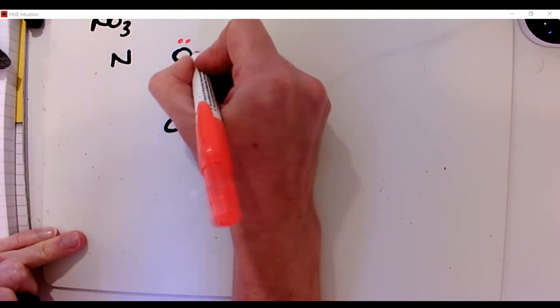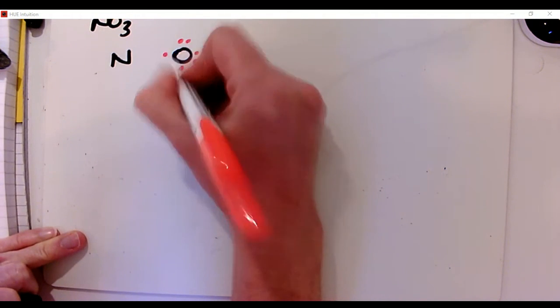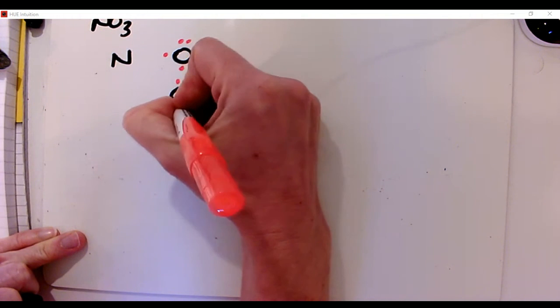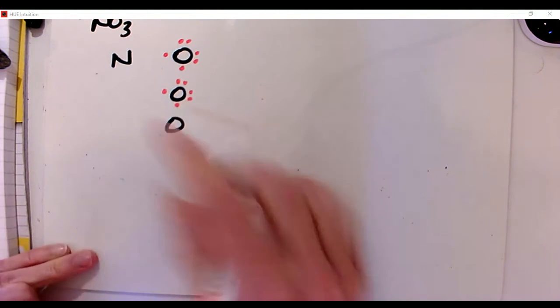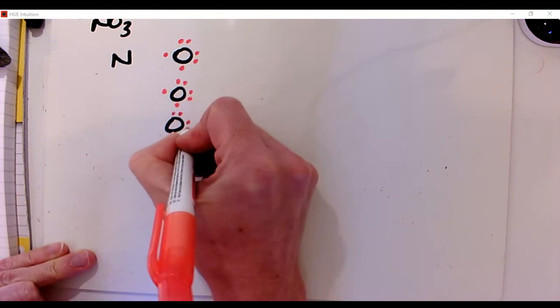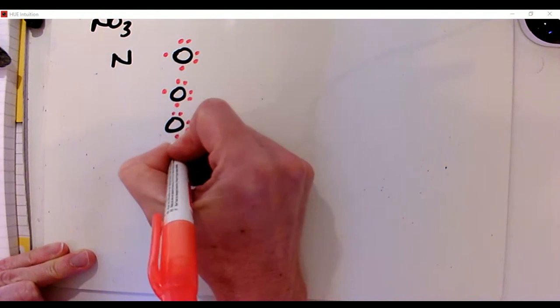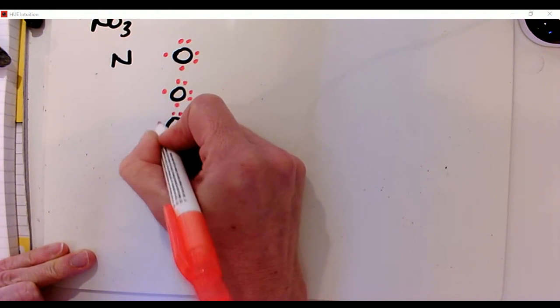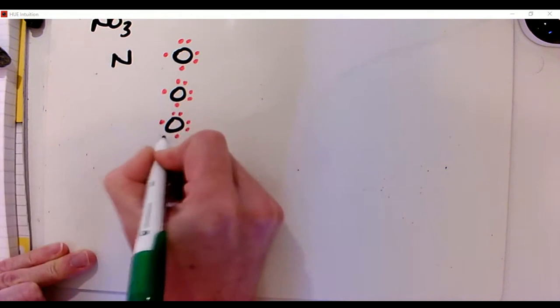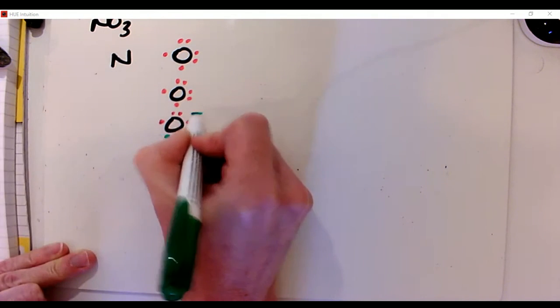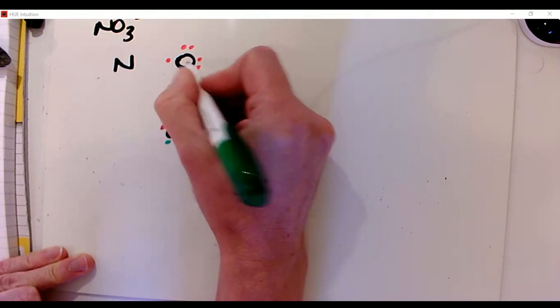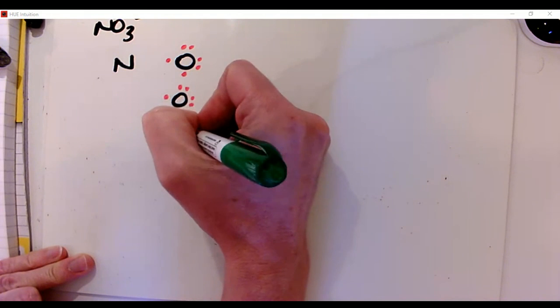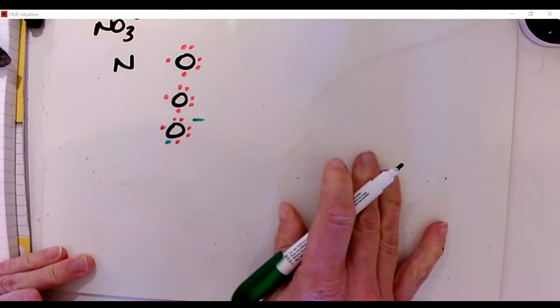So you've got two regular oxygens, if you like, and then an oxygen that has already gained an electron, has minus charge. So these need 2 covalent bonds, these need 2 covalent bonds, this needs 1, right?